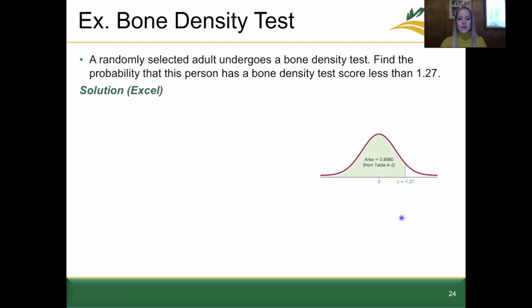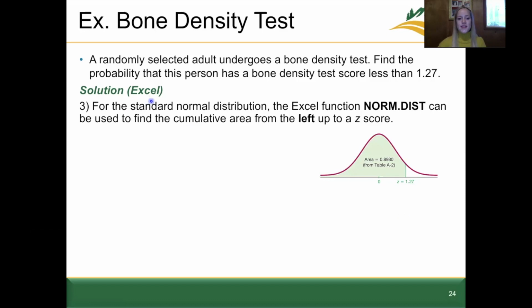Continuing on with the solution, we're going to use Excel. For these standard normal distributions, we can use the function in Excel, NORM.DIST. Normal distribution is what it stands for. Keep in mind that Excel works the same way as that table. In other words, when we use Excel, we're going to be finding the cumulative area from the left up to a certain z-score.